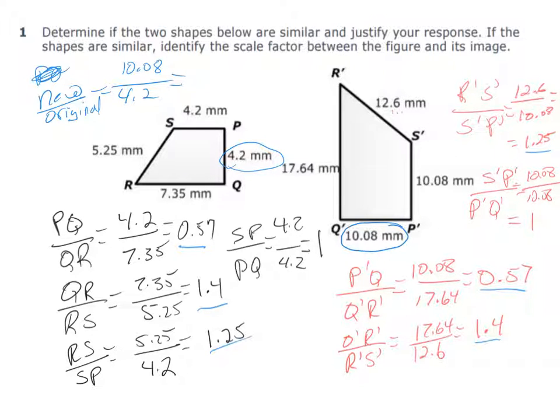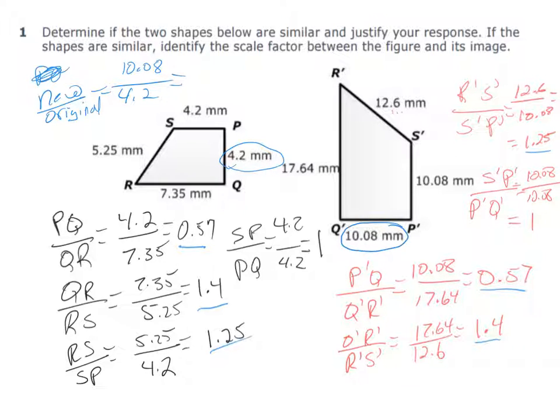We've already proved that they're similar, so I'm not going to take a ratio of all the sides. I took two sides, PQ and P prime, Q prime, and I'm going to see what type of scale factor we have. Since we proved that they are similar, we can just take one particular ratio.